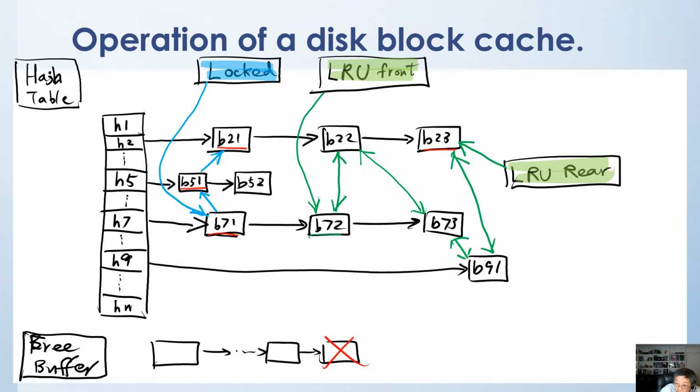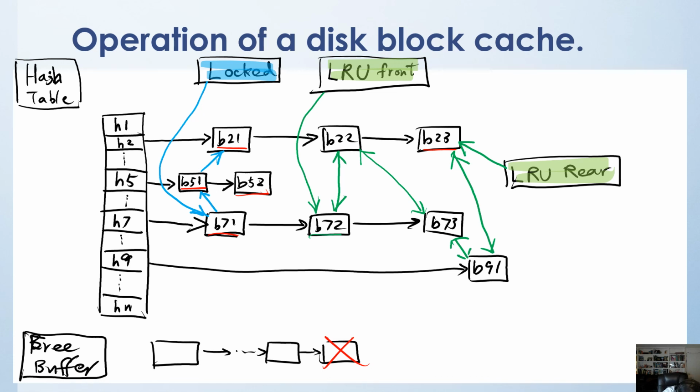Now, if the new block is not expected to be referenced again, so this is a new disk block that is referenced but not expected to be referenced again, then you don't need to put this B52 at the rear of the LRU list. You should put it at the front, because this block should be immediately evicted if necessary.